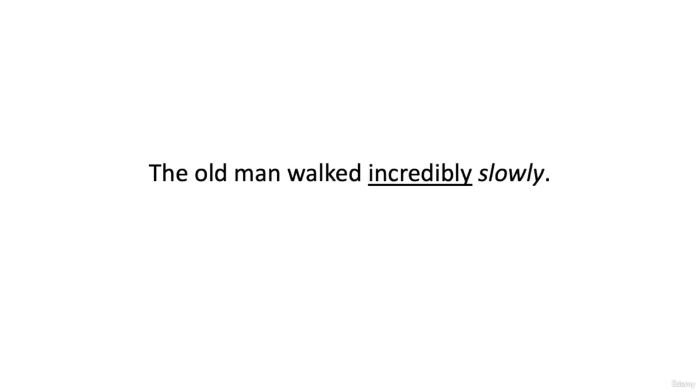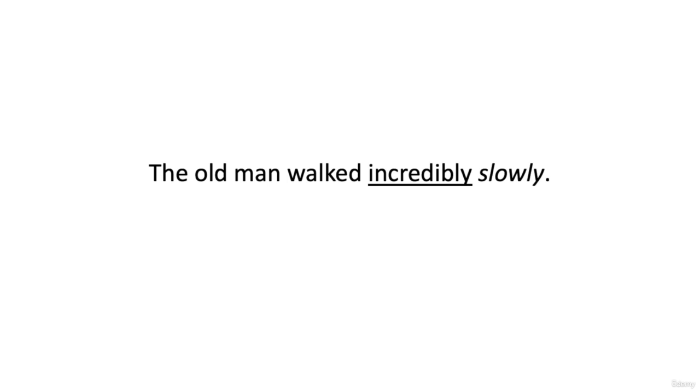Adverbs of degree can also be used before another adverb for extra emphasis. For example, the old man walked incredibly slowly. Incredibly and slowly are both adverbs, and incredibly adds more information, emphasizes the slowness of the old man.